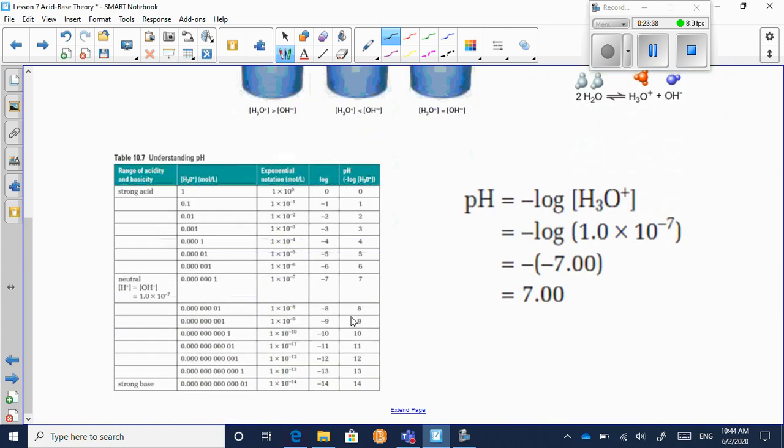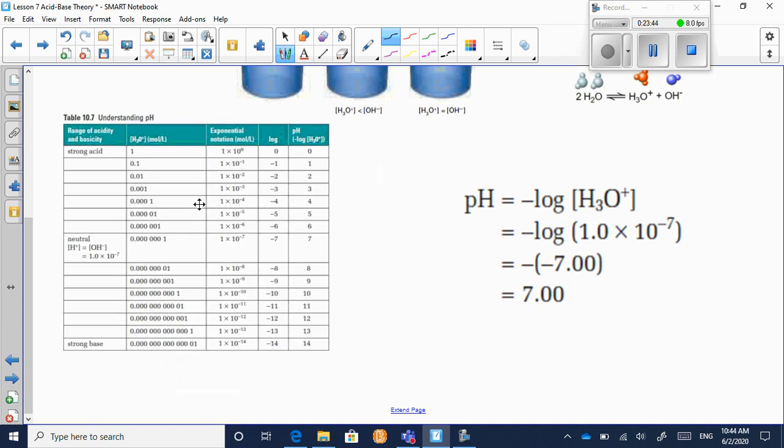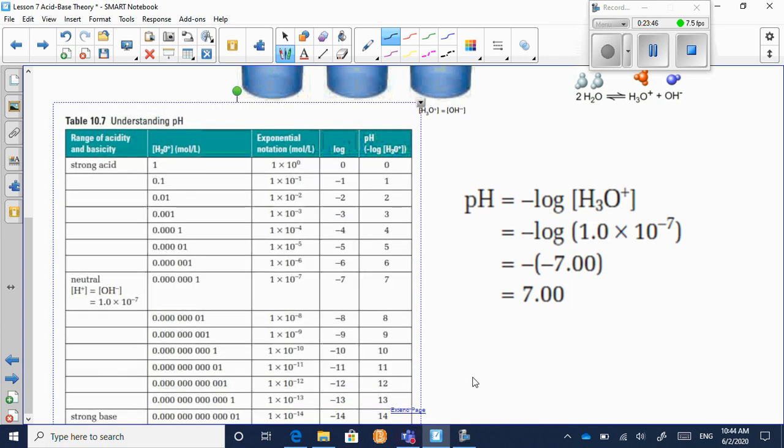I'll just show you this, I'm going to try to make this a little bit bigger: in water, there are 1 × 10⁻⁷ moles per liter of hydronium and hydroxide. So an incredibly small amount. Okay, so 1 × 10⁻⁷.